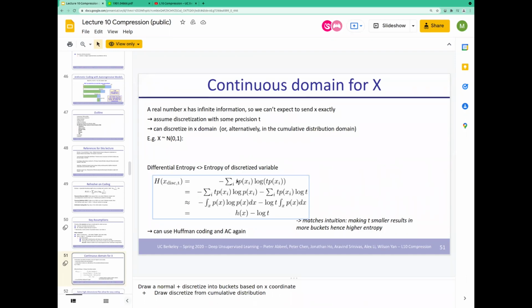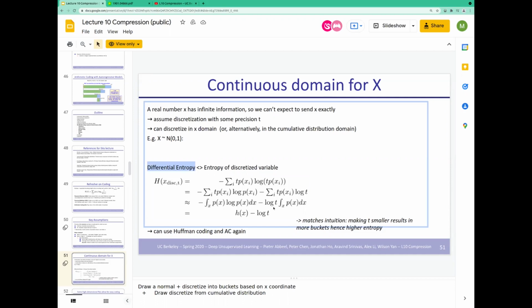So then t p of xi log t is here, and then t p of xi log p of xi. So they kind of switched it up. It's the other way around, but see the t goes here, and then the p of xi goes over here. And this is almost equal to the continuous version of the entropy, which is called the differential entropy.